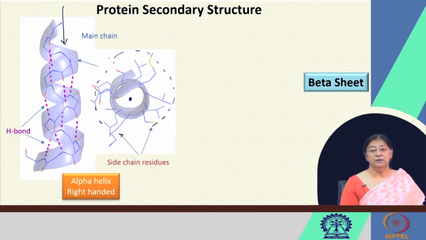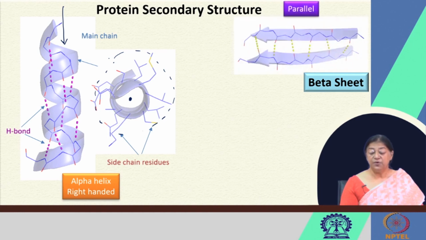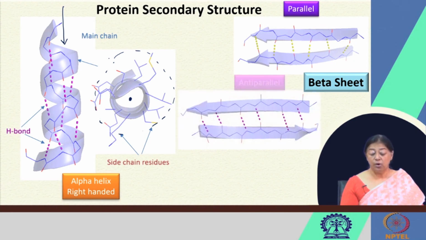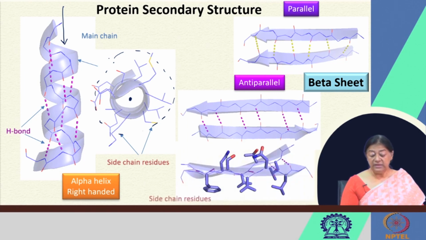The other secondary structural element is the beta sheet, which is formed of strands. These strands can be parallel or anti-parallel. When we look at the side chain residues, the connectivity in this case is also through hydrogen bonding interactions. This is what holds secondary structural elements together.